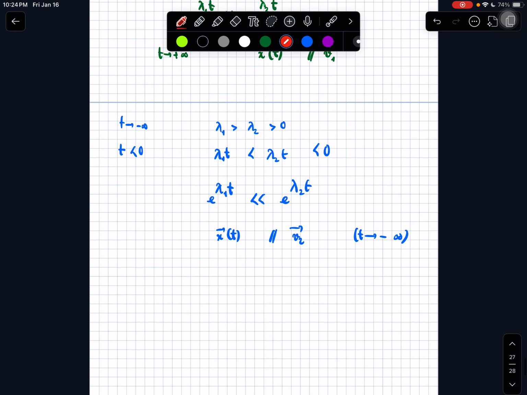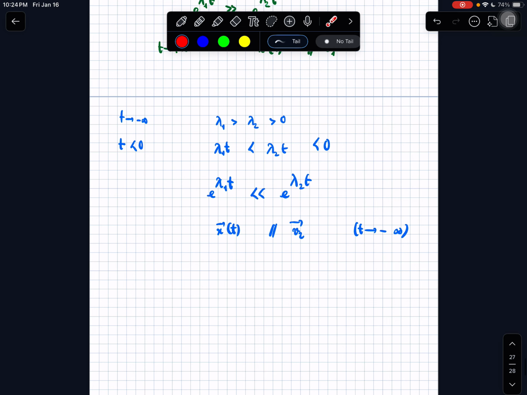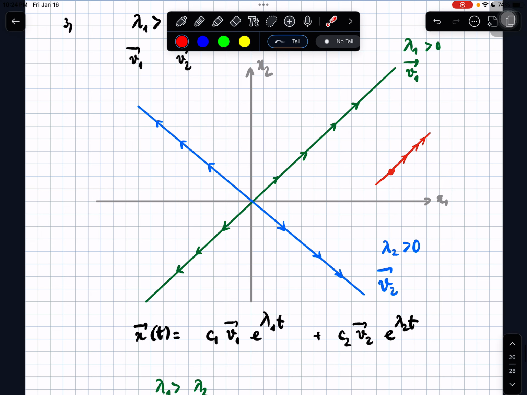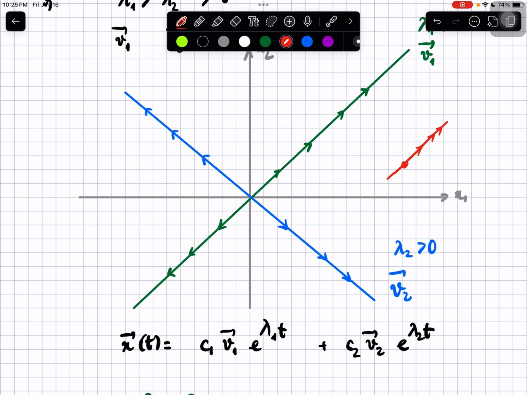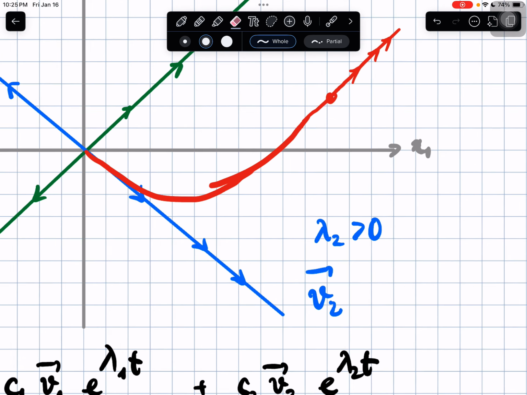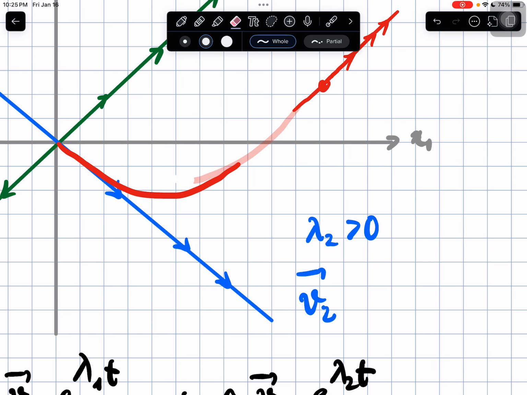And when t is very, very small, tending to minus infinity, it is parallel to v2, or very close to v2, tangent to v2 in fact. So it just follows v2 when t is minus infinity.